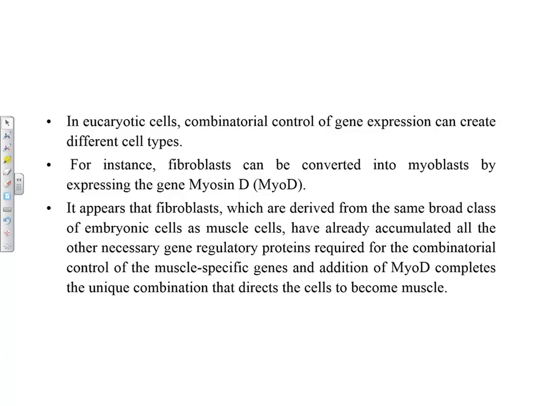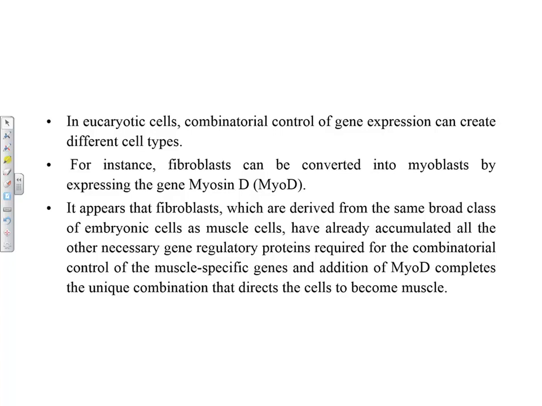Now, in the case of eukaryotic cells, combinatorial control of gene expression can create different cell types. For example, fibroblasts, which is one class of cells, start from the same class of embryonic stem cells as muscle cells. You can convert fibroblasts into muscles or into myoblasts by just expressing the gene MyoD, right?